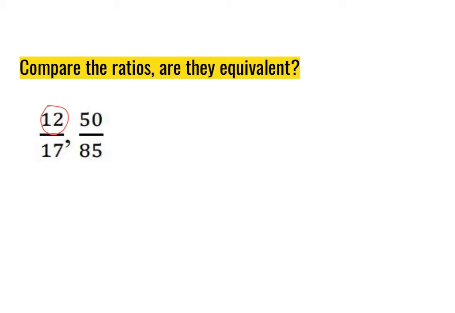So I'm going to look at the bottom. I'm going to look at the denominator. And I know that 17 times 5 will give me 85. And the only reason I know that is because I took 85 and I divided by 17. And that gave me 5.